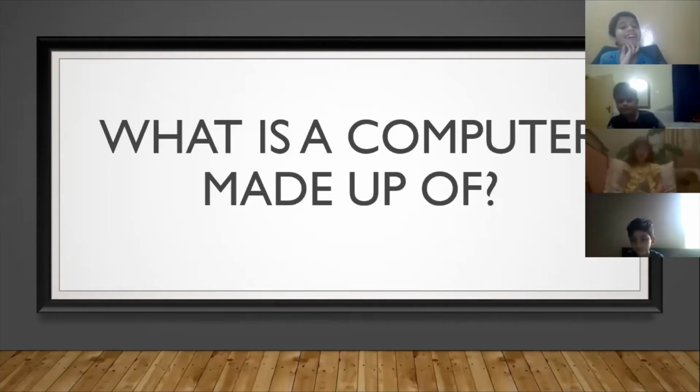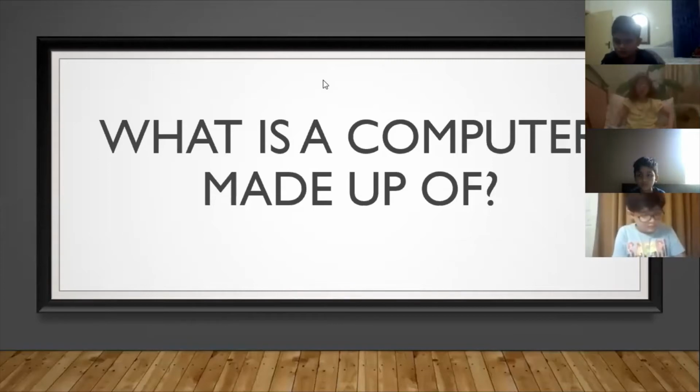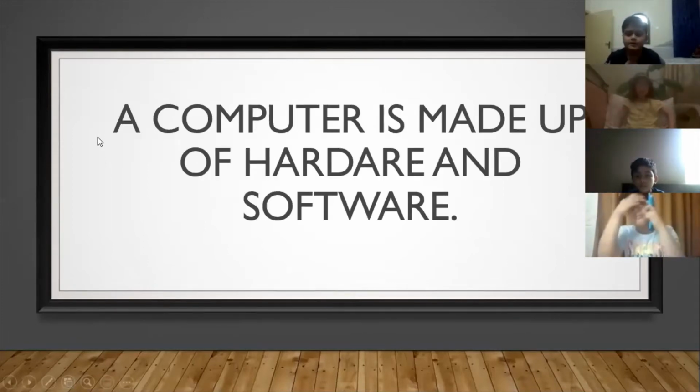Computer is made up of different parts that work together to form a computer system. And what are those parts? Those parts are hardware and software. A computer is made up of hardware and software.